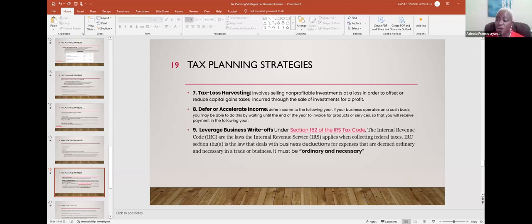There are certain deductions that are peculiar to your business that are different from other people's businesses. So you want to understand your industry and what deductions actually pertain to your business. According to this code, any expenses that you incur that are ordinary and necessary to your business can be deducted. That is what that code is all about.